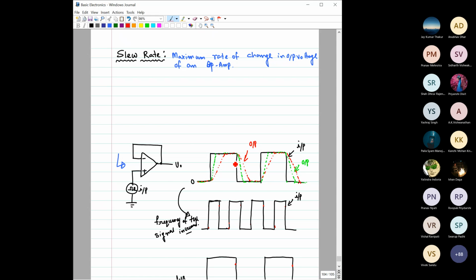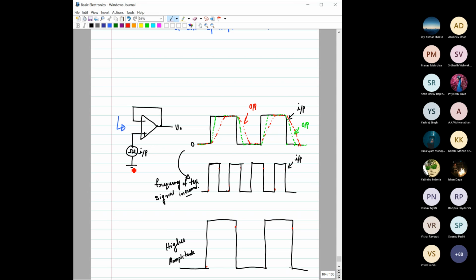Now suppose you have increased the frequency of the input signal, so the input now looks like this, but the amplitude is constant: here 1, 2, 3, and here also 1, 2, 3. If the same slope has to be maintained, then the output would look something like this.